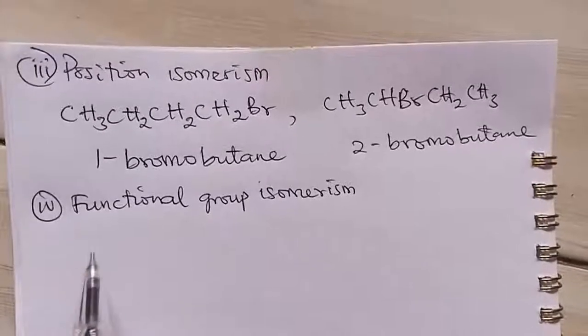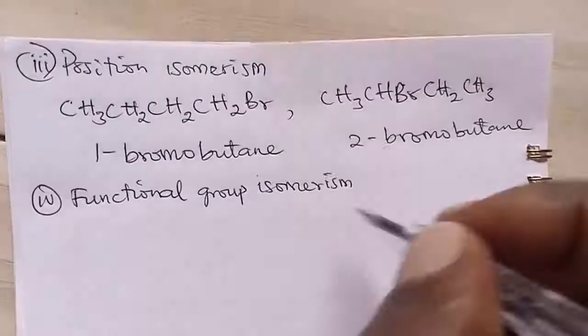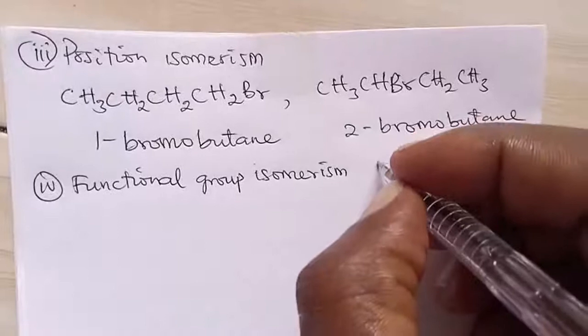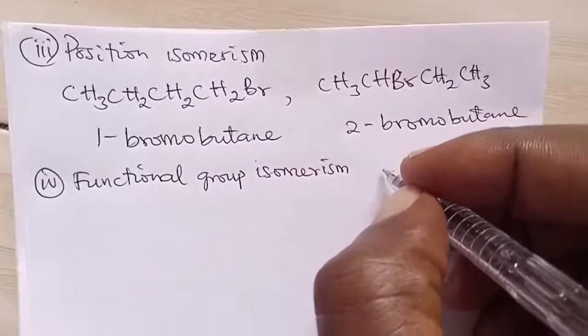The next thing we're defining is functional group isomerism. This is shown by compounds that have different functional groups. That is, they belong to different homologous series.